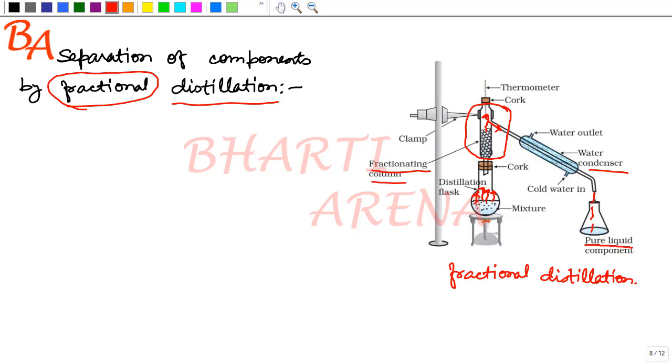So this is the pure liquid component that we want to separate here.